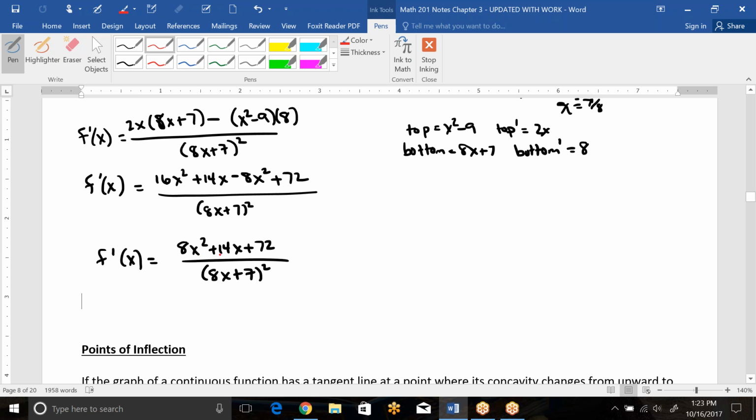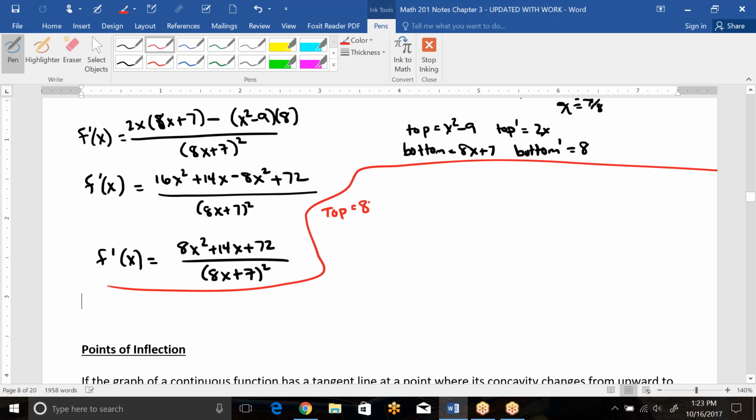So then we need to look at the top this time. So I'm going to kind of separate this out. Is 8x squared plus 14x plus 72. Top prime would be 16x plus 14.